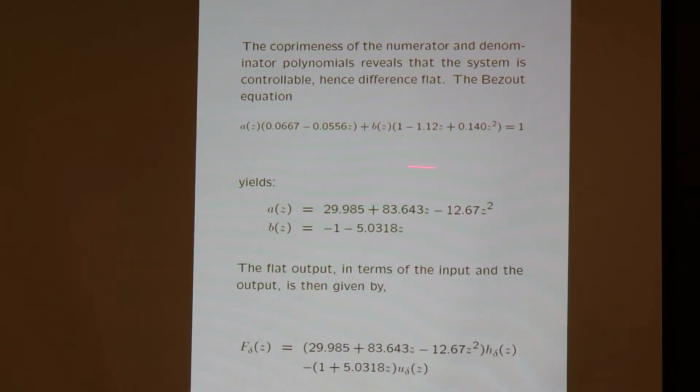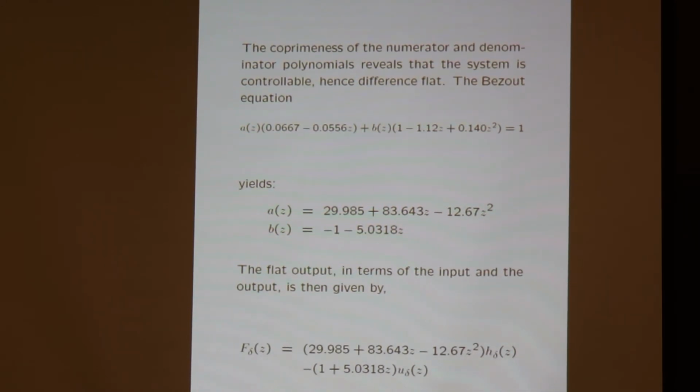Incidentally, there are many computer programs that do that for you automatically in your preferred computer simulation package. So the system is controllable clearly because this numerator is coprime with the denominator, and there are no common factors. Therefore, the flat output is defined as a relation of the inputs and the outputs.